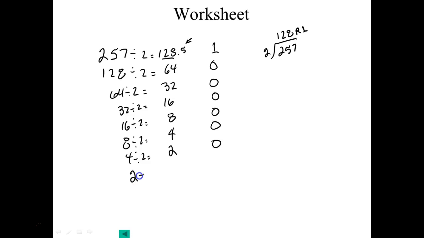I'm going to take 2 divided by 2, which is going to give me 1 with a remainder of 0. Then 1 divided by 2 gives 0.5, which would give me a remainder of 1: 0 with a remainder of 1. Now what we do is we let the number fall this way. It's always divided by 2.